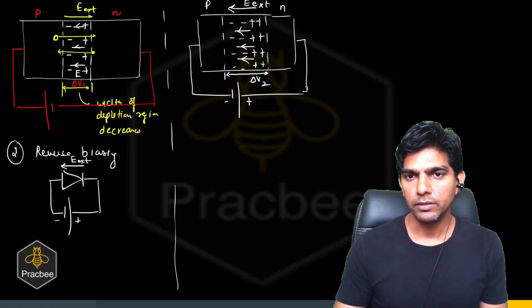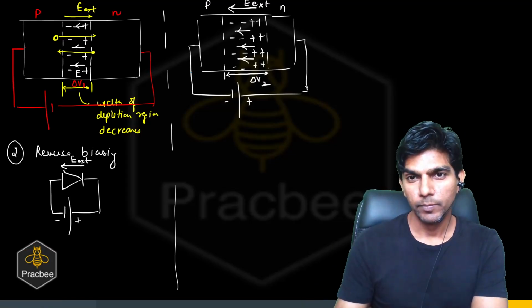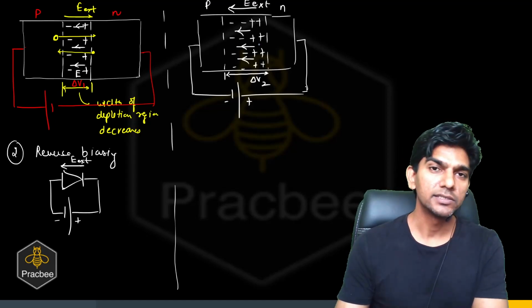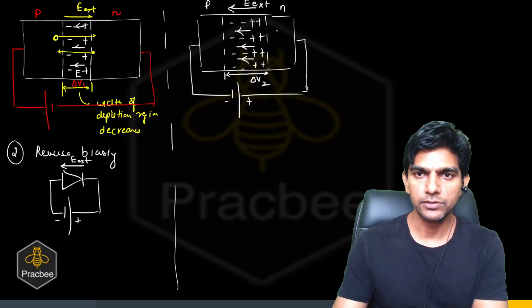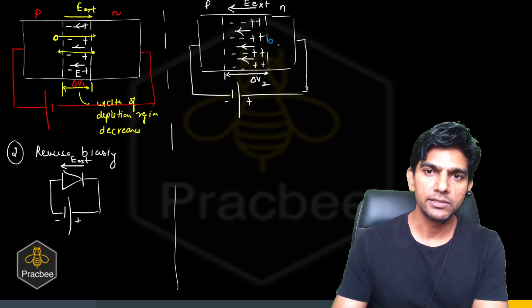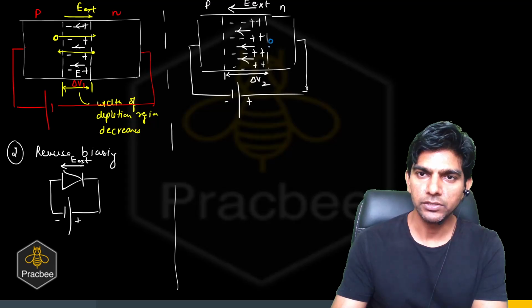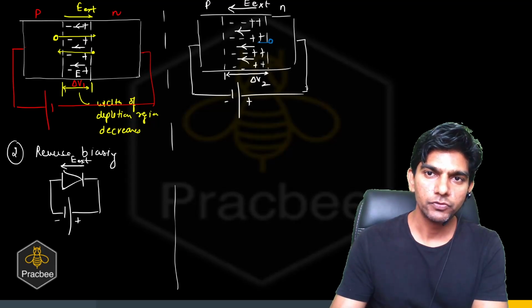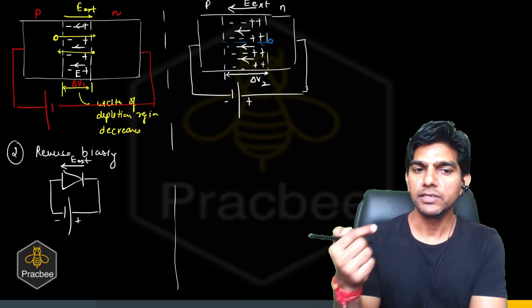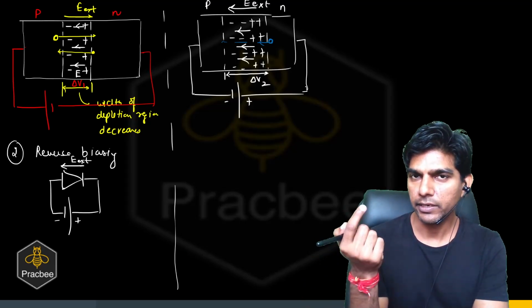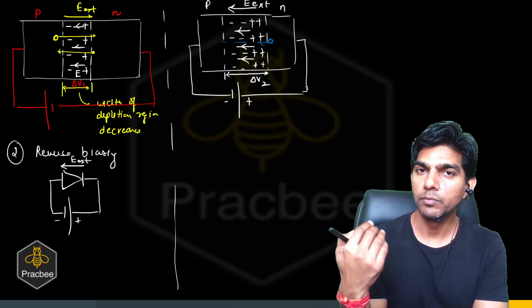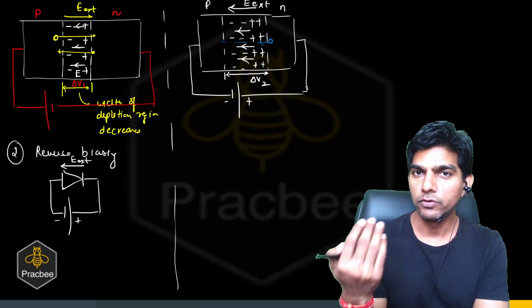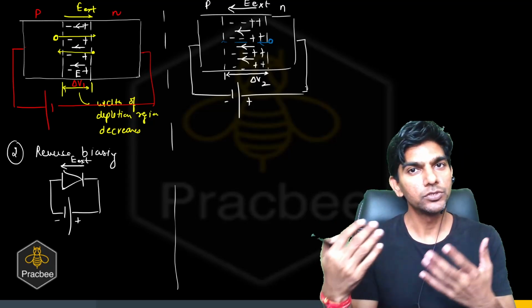right? But what happens in this case? In this case, this field will assist the motion of minority carriers. Suppose there is a hole in the N side moving randomly; if it comes close to this depletion region, it will be swept by the field and can move to the P side. So in reverse biasing, there can be a current because of the minority carriers, but in forward biasing, there will be a current because of the majority carriers.